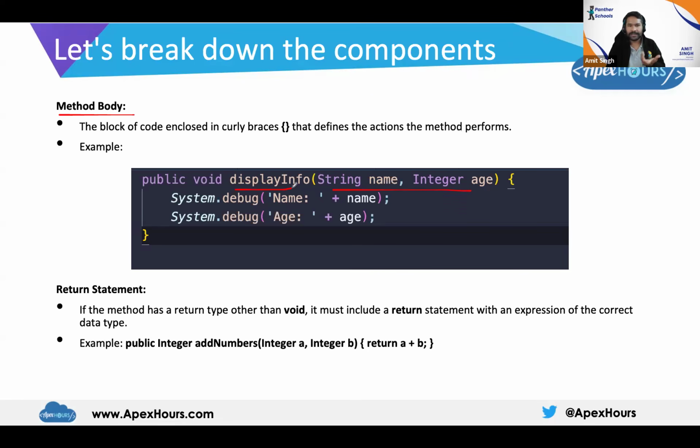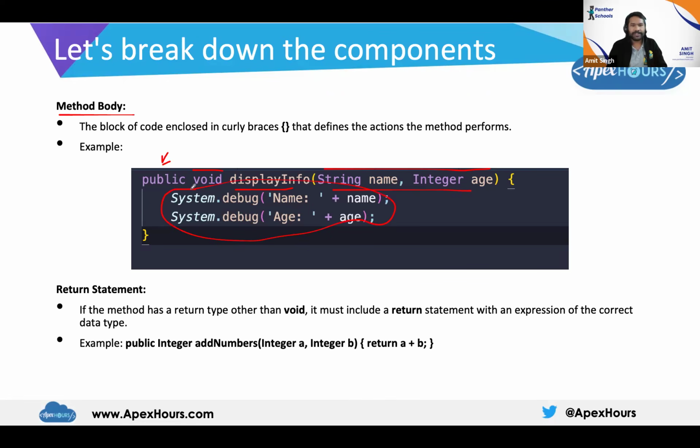So here in this example, public is an access modifier, void is a return type. So if your method is not returning anything, it is going to be void. Display info is the name of your method. These are the parameters that the method is accepting in order to complete certain tasks. And this is the body.